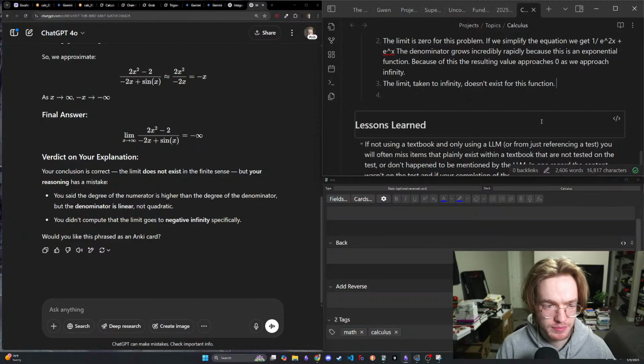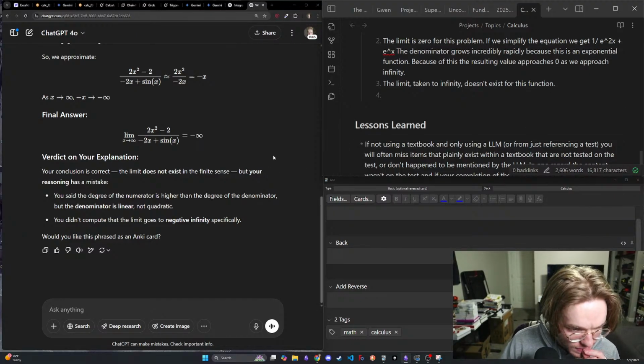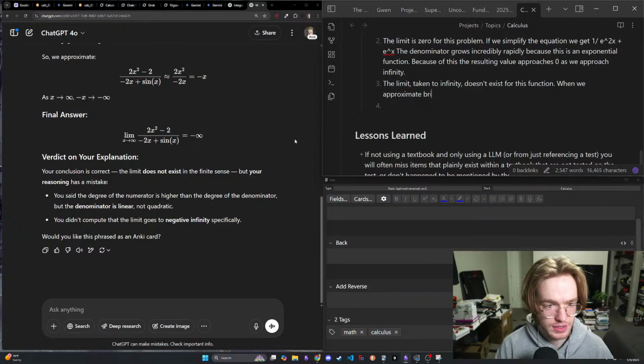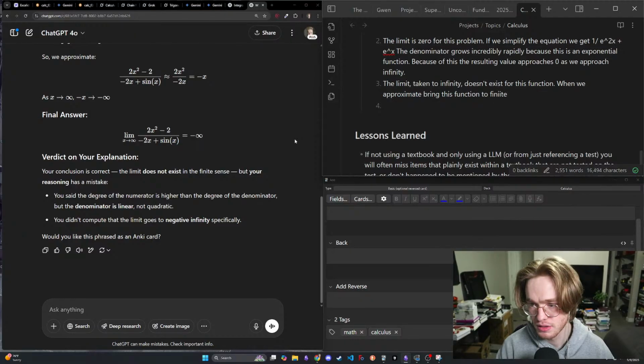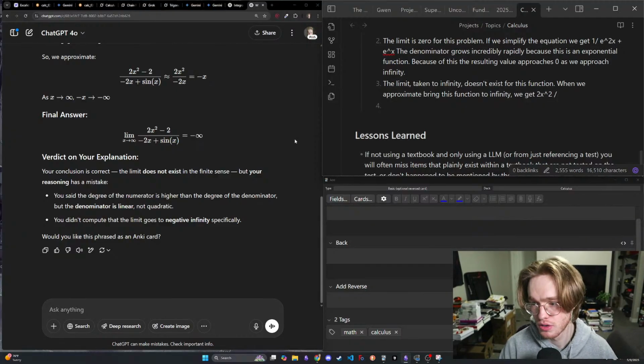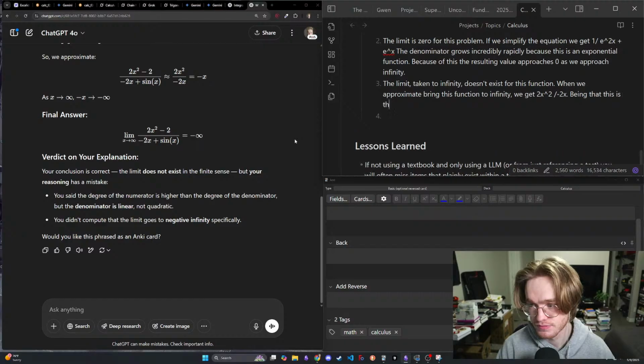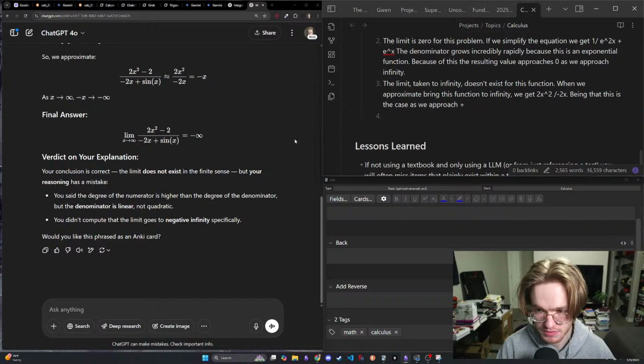Okay, when we approximate, bringing this function to infinity, we get 2x over negative 2x as we approach positive infinity.